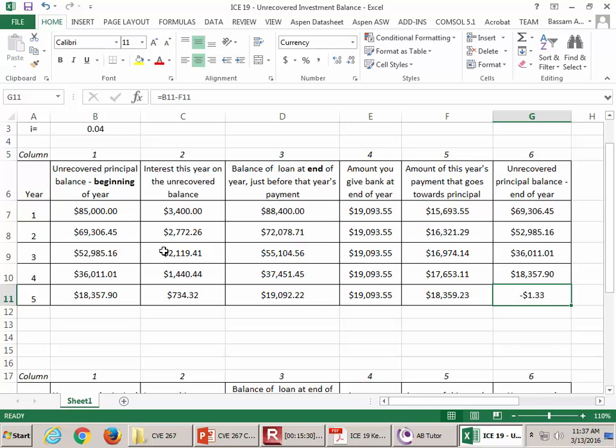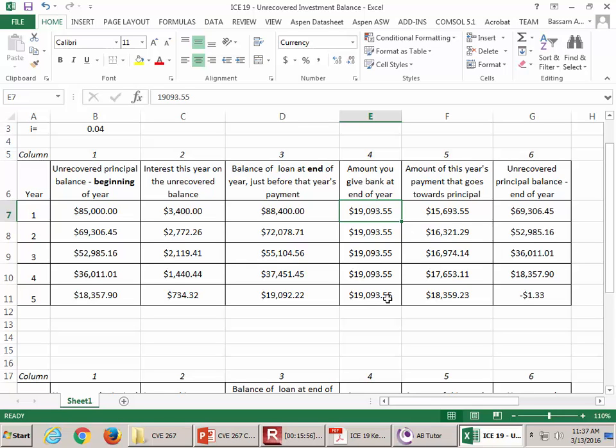So the way that we do this for decision making is sometimes we want to find out what is the interest rate. And so we would solve for the I that makes it so that it goes to zero at the end. So you can think of doing a goal seek, like what if we had an investment where $85,000 was going to be the original amount, but then what if we're giving the bank a different amount?